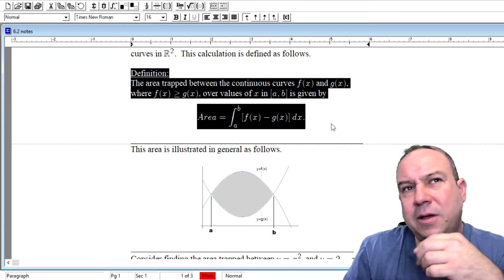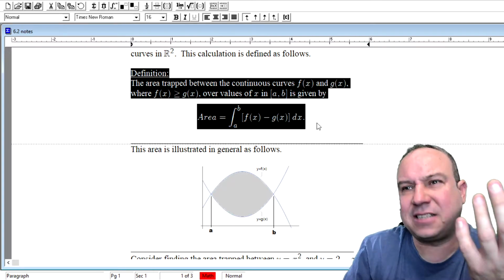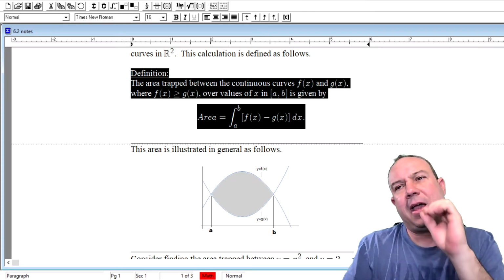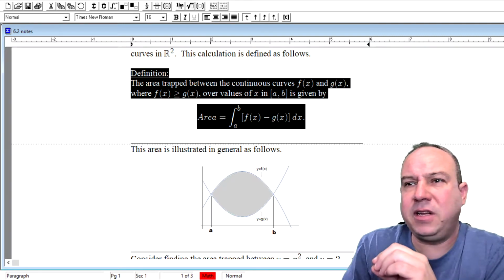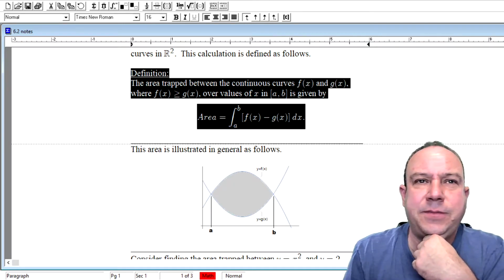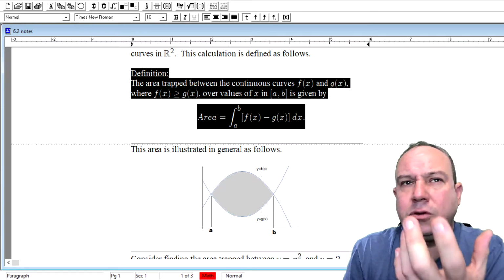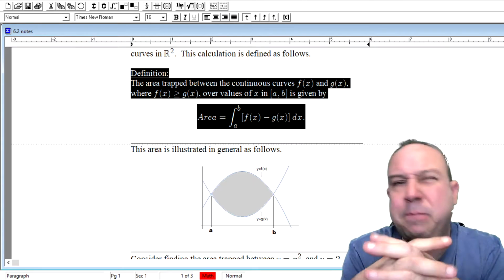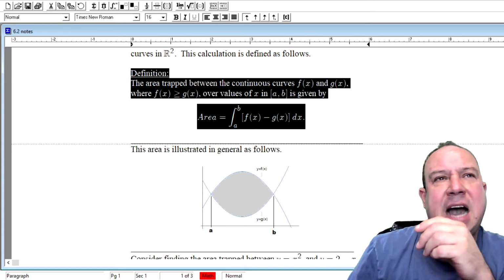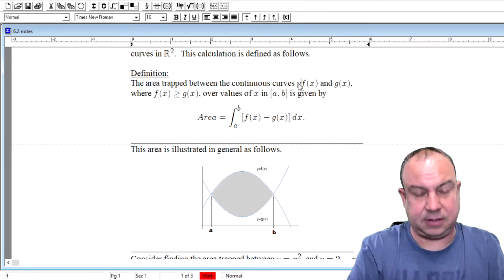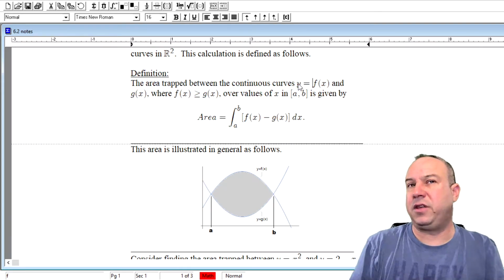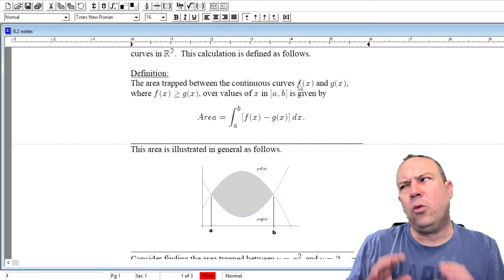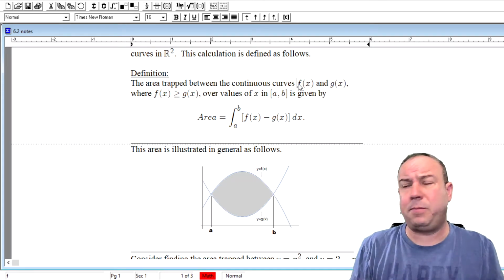However, this is kind of more the classical approach, classical to our understanding of algebra. What we don't do in algebra too often is switch the dependency of our variables. We often approach a two-dimensional system in algebra with x always the independent variable and y always dependent upon the value of x, in the context of y equals f of x, where y depends upon x. We very seldom swapped our dependencies.